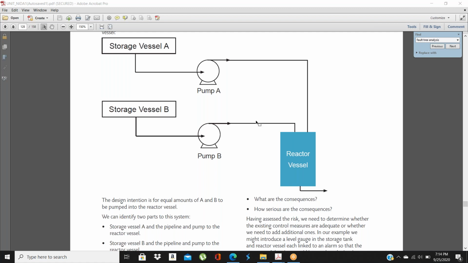So in those cases it becomes very complex. For that we need to study the P&ID, the process and instrumentation diagram, but that is not necessary for our exam. For our exam, we only need to understand these design intentions, and how we need to control the flow, how we need to control the temperature, etc. No need to go into more detail.